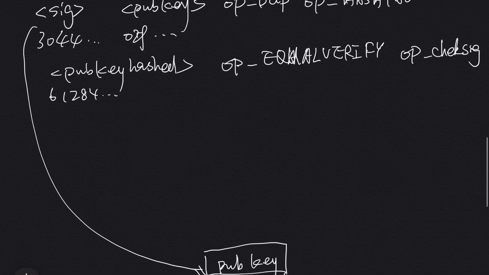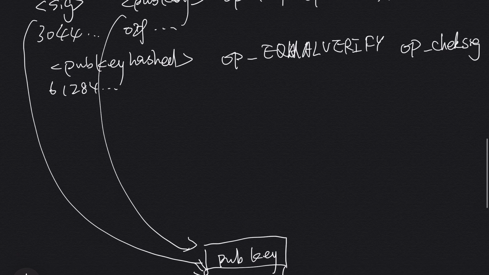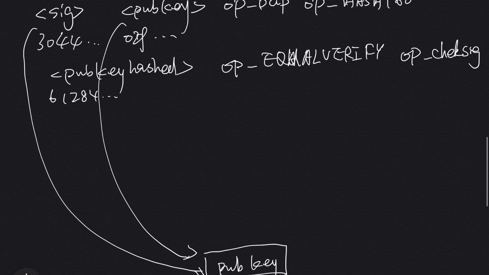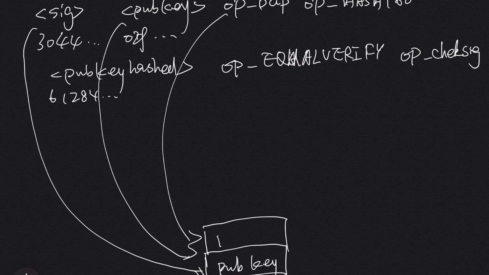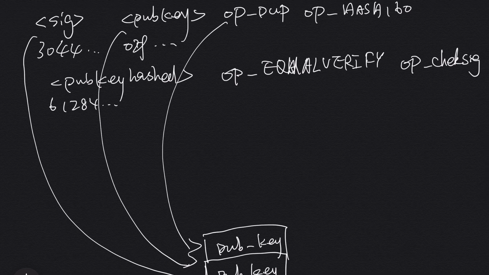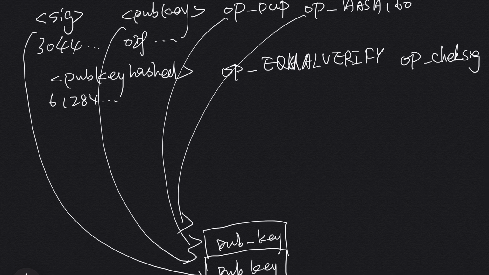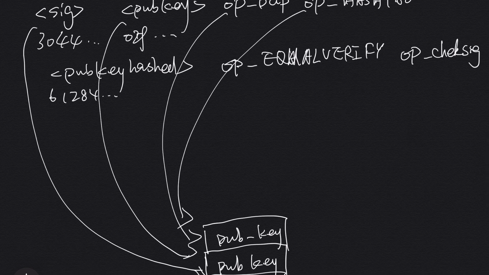This is coming from this data, and then is the duplicate operation. What the duplicate operation does is get the item on top of the stack and duplicate it. So at this time it will have another public key on the stack, and the hash function gets the top of the stack and calculates a hash 160.